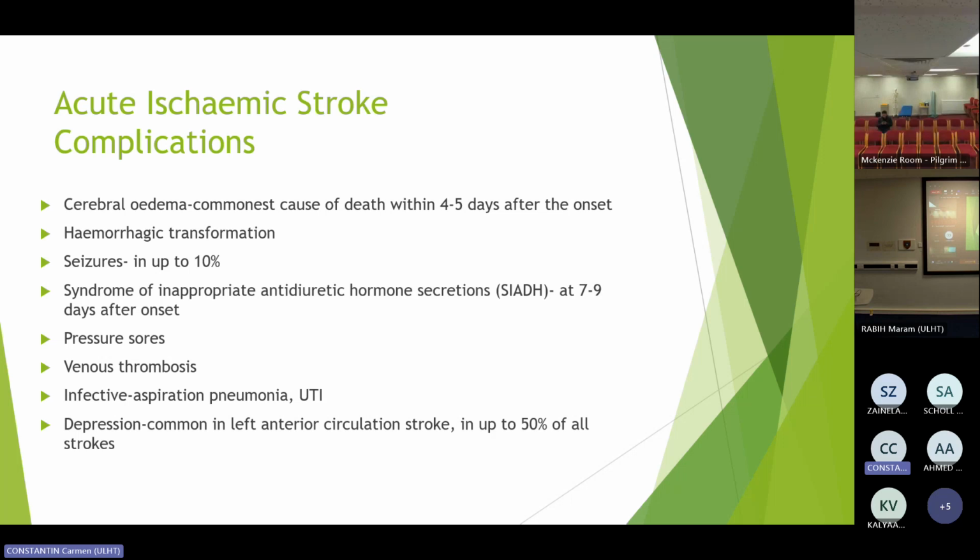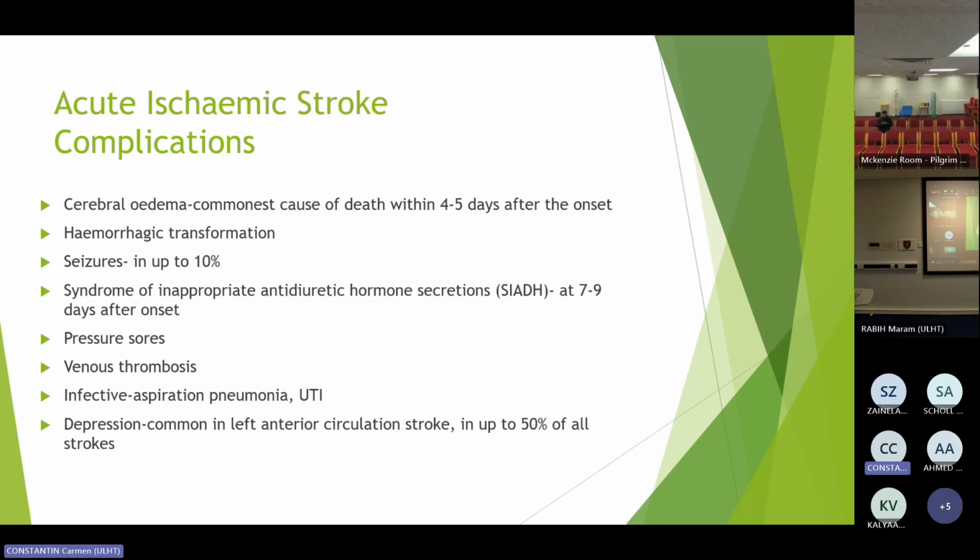Yes, pressure sores are an often complication, especially in elderly patients, despite the special care that they have, being turned every 4 hours, day or night. Venous thrombosis is due to the reduced mobility despite VTE prophylaxis. This is why VTE prophylaxis is very important, to lower this risk.